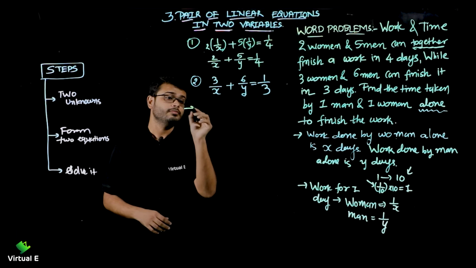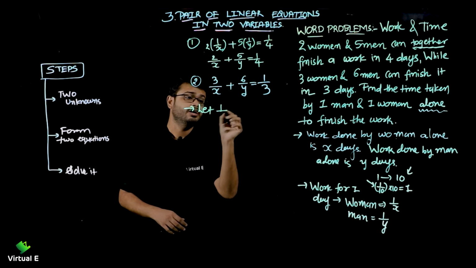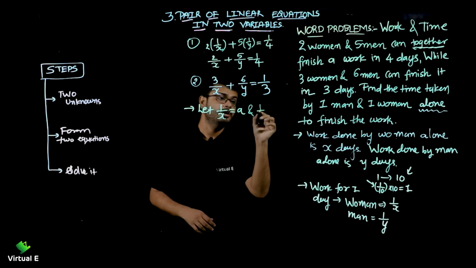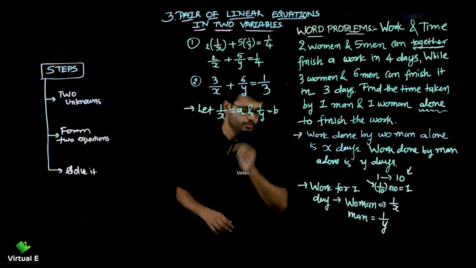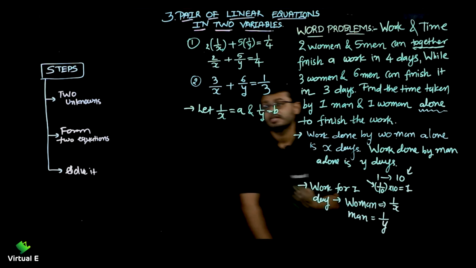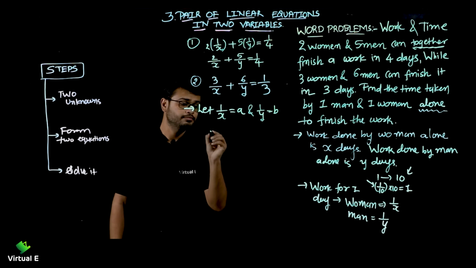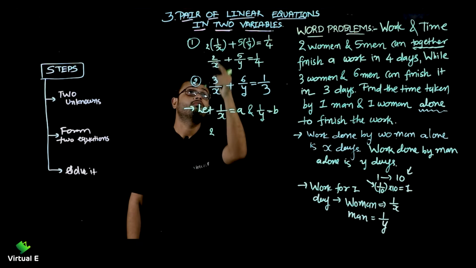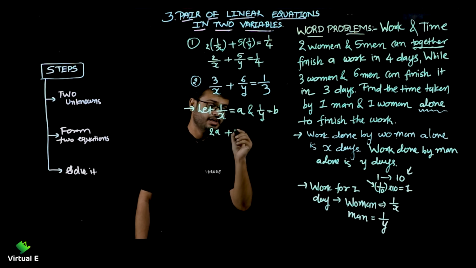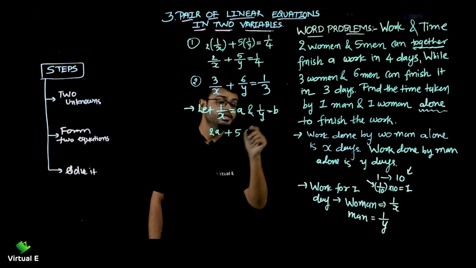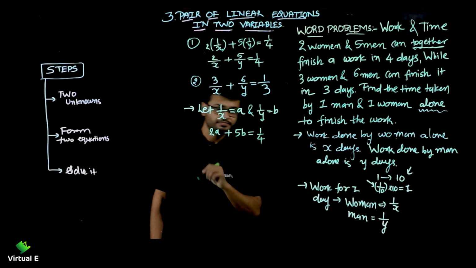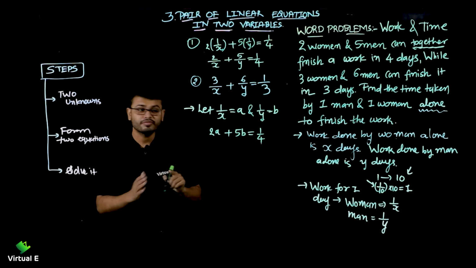Let 1 over x be equal to a and 1 over y be equal to b. So if I write the equations, it will be 2a, since 1 over x means a, plus 5 as it is, 1 over y means b, is equal to 1 over 4. But think, here also we are getting fractions.